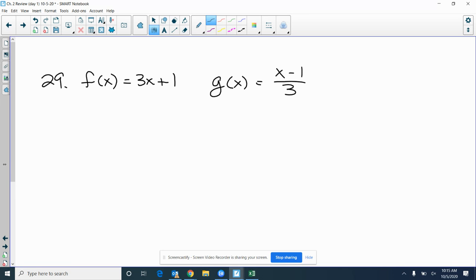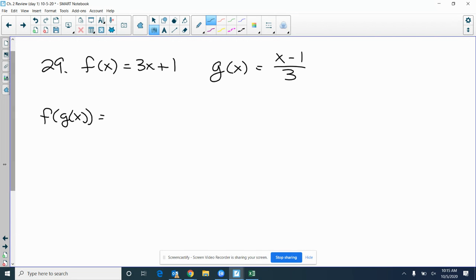So for 29, we're looking at f of g of x, and we're asked to show they are inverses. If they are inverses, what does f of g of x have to equal? It's got to equal x. So when you know what you're looking for, we have to see, does it really work out? So it's going to be 3, and then in x, we put in x minus 1 over 3, plus 1.